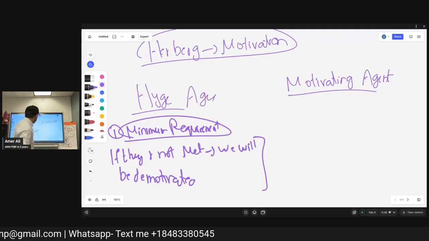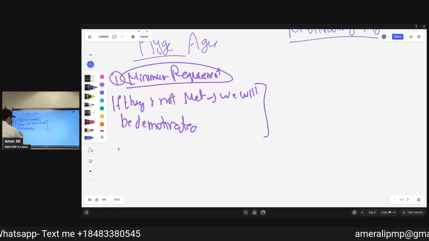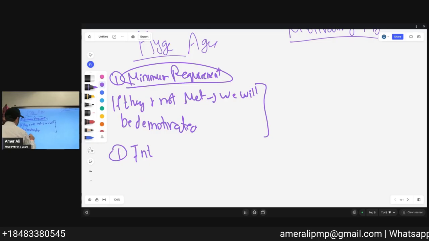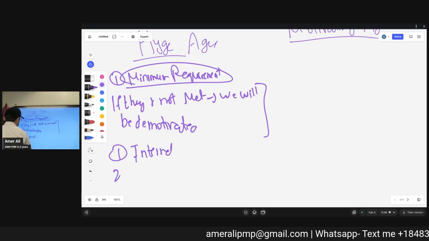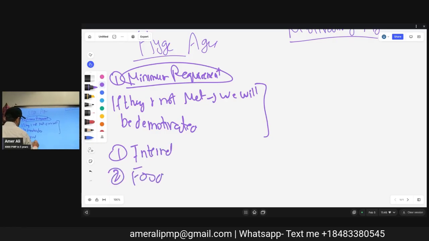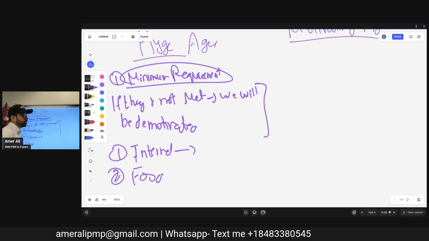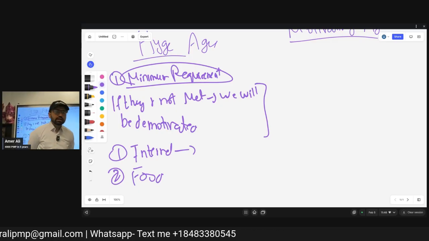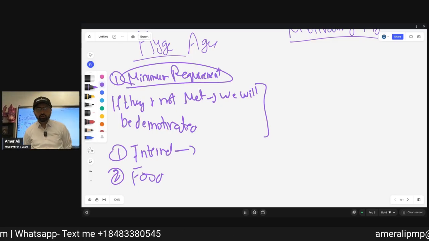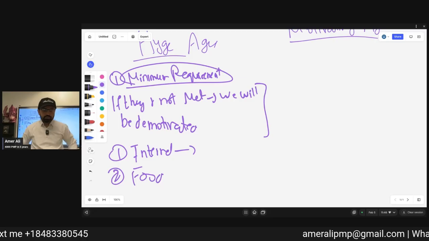For example, internet is a good example. If you do not have good internet, your mind will continuously say internet is not good, internet is not good. How many of you do that when your internet is bad?